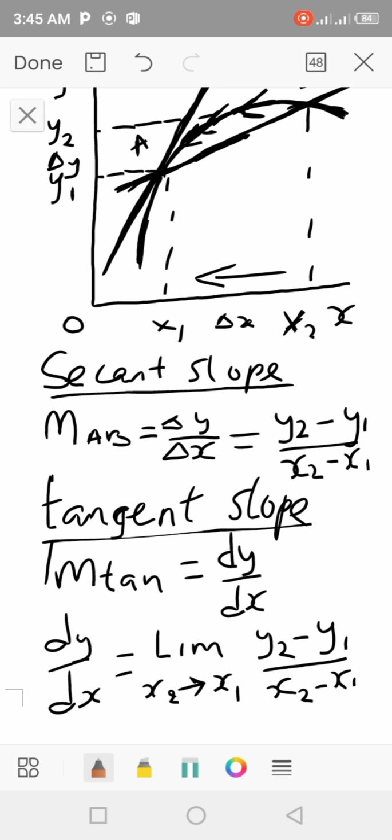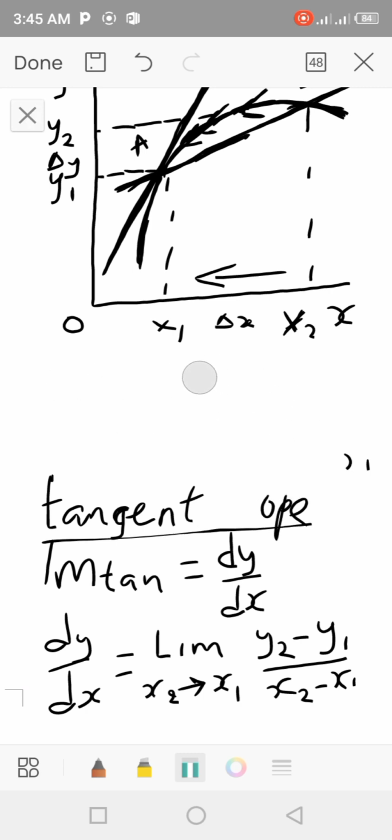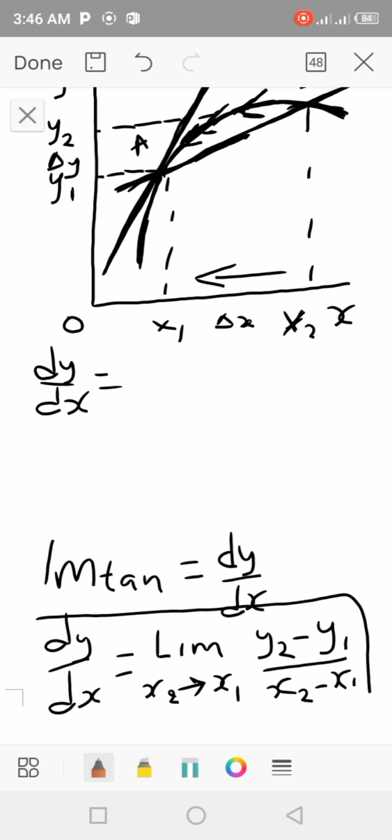Now that we have known what our tangent slope is and how it is different from the secant slope, and the difference between the secant slope and the tangent slope is the limit, we can continue with our dy dx and see if we can design this formula in a more standard way.